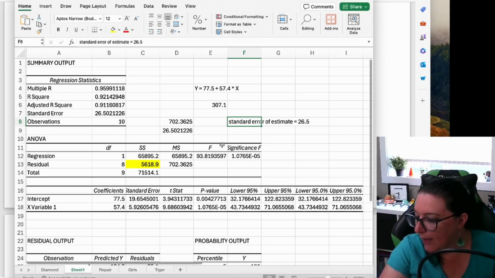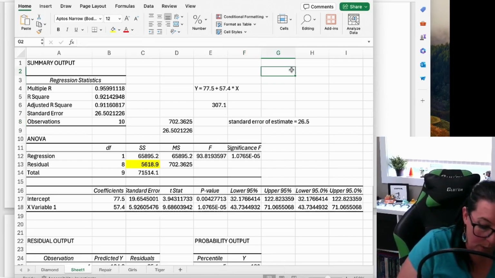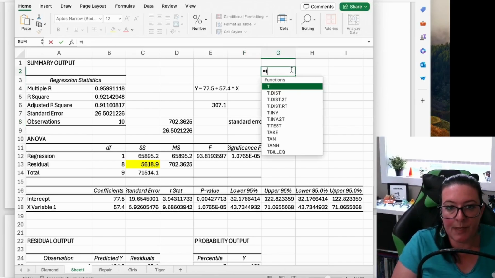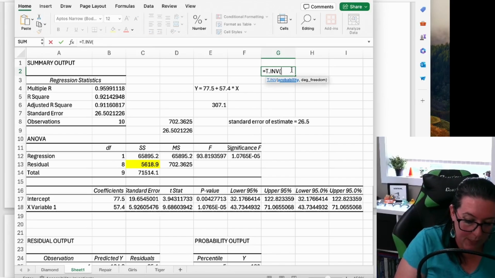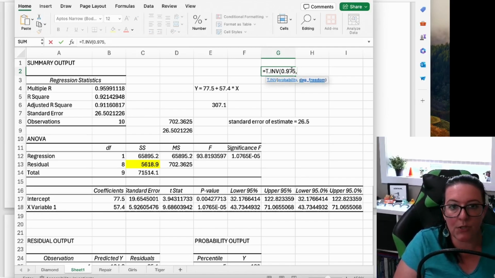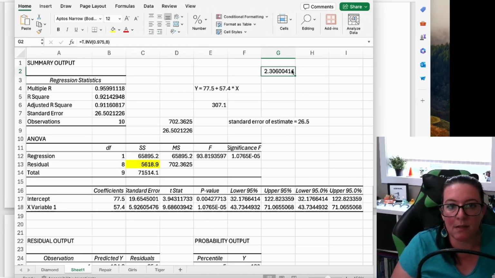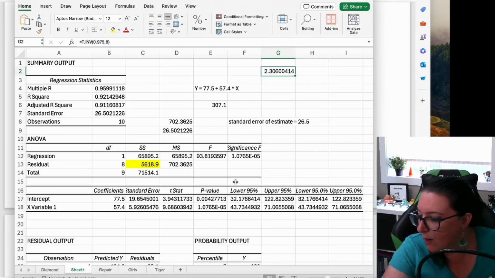Let's figure out where that came from. We can go equals T.INV, and the probability here, it's two-sided, we want 0.975, and our degrees of freedom are going to be n minus 2, so it's going to be 8. We get 2.306.